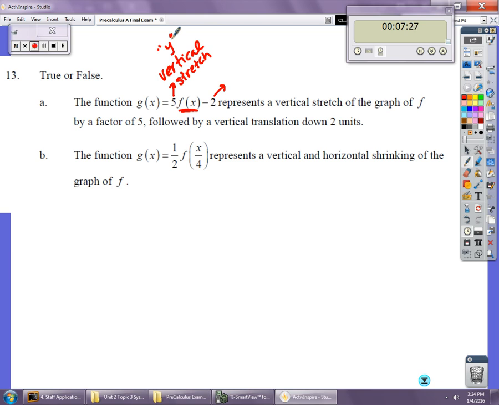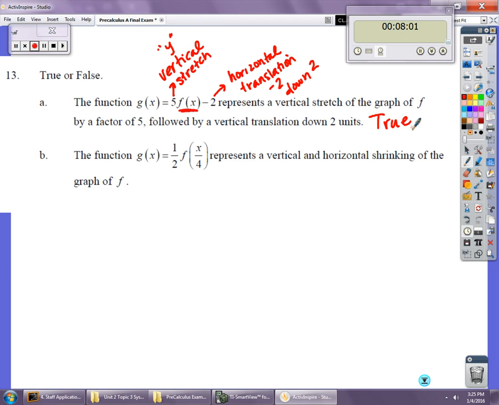And then after the function, there's a minus 2, and this is also going to affect y, but it's going to be a vertical translation, and it's going to follow the rules here of minus 2 or down 2. So let's see what it says. It says a vertical stretch of a factor of 5, that looks correct, followed by a vertical translation of down 2, and that also looks correct. So this one is going to be true.